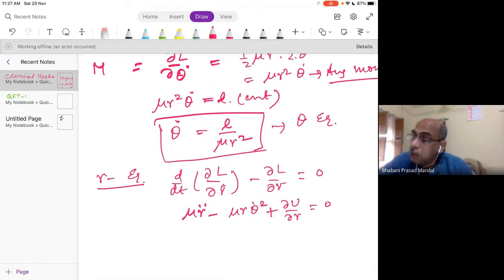Which you can write in this form: mu r double dot minus mu r theta dot square. Now theta dot we have already calculated in terms of constants, so mu r times L square by mu r square whole square.